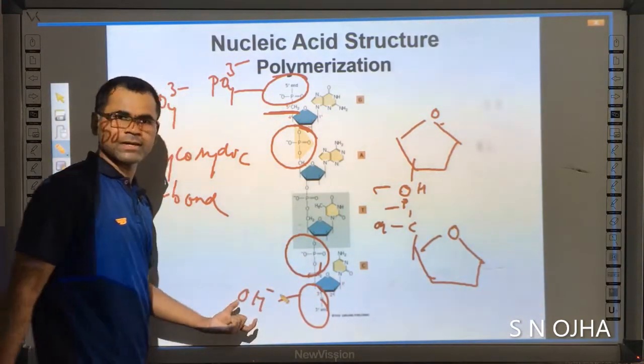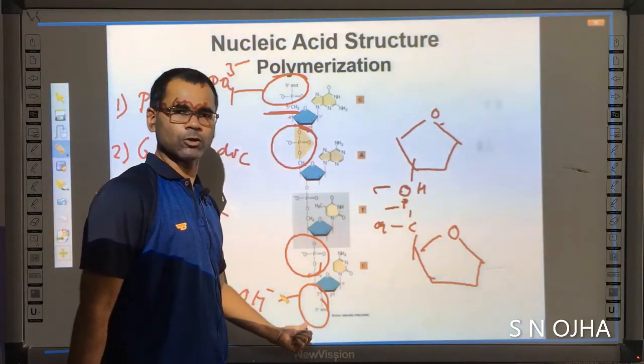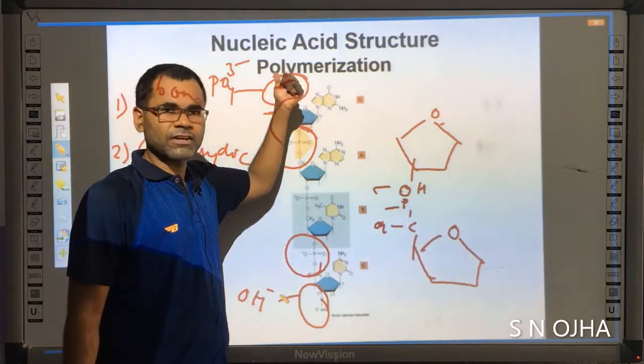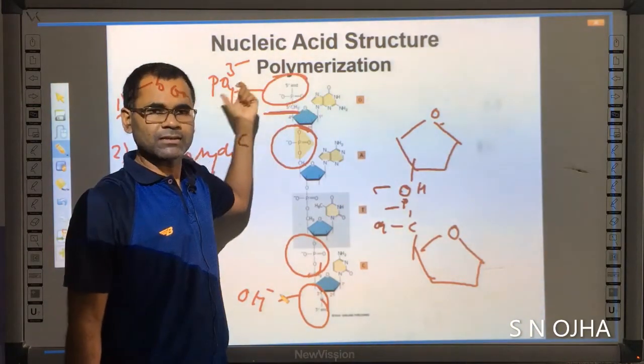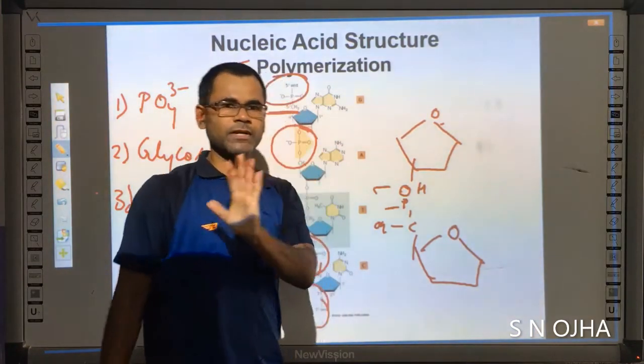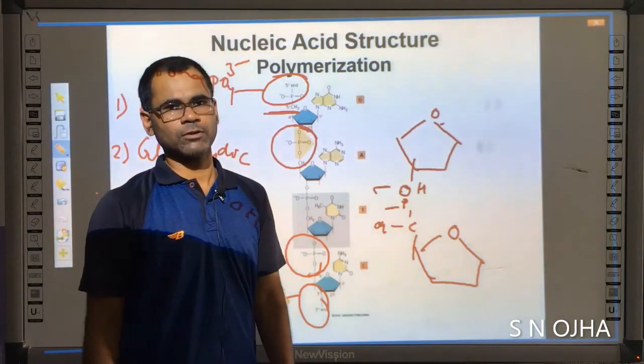So wherever in the nucleotide hydroxyl groups are present, that denotes the 3 prime end. Wherever 5 prime ends are there, that will be a phosphate group. So this is the first type of bond, called the phosphodiester bond.